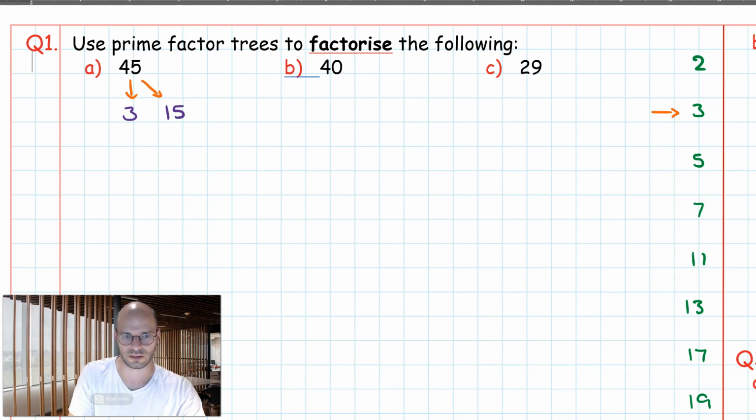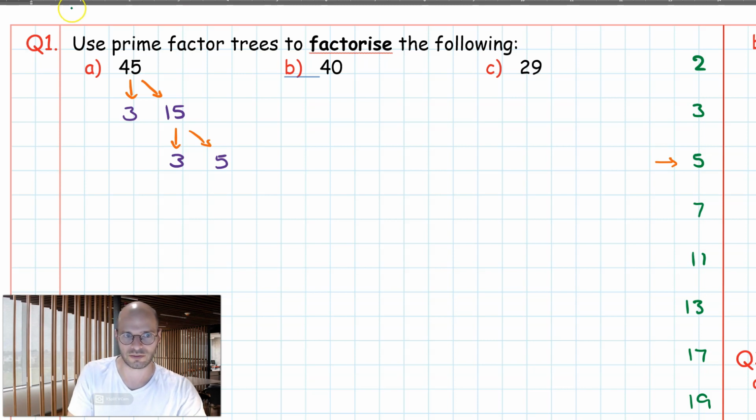So perfect. Next, I was able to divide by 3, so I'm going to try again. I ask the question, can I divide 15 by 3? And of course the answer is yes. I get 3 and 5. 5 is my working number, and I ask, can I divide it by 3? And no, I can't. So I keep going down and I see I've got 5 on my list next.